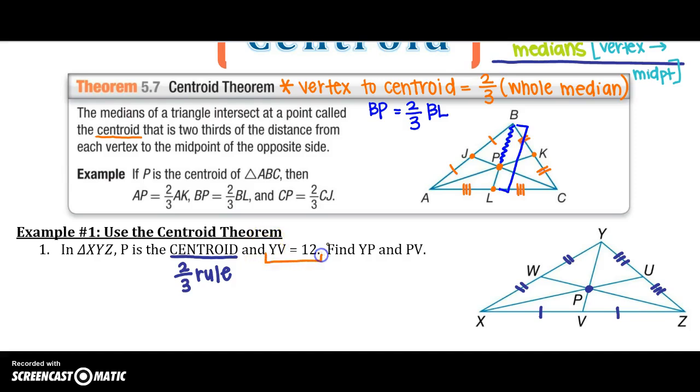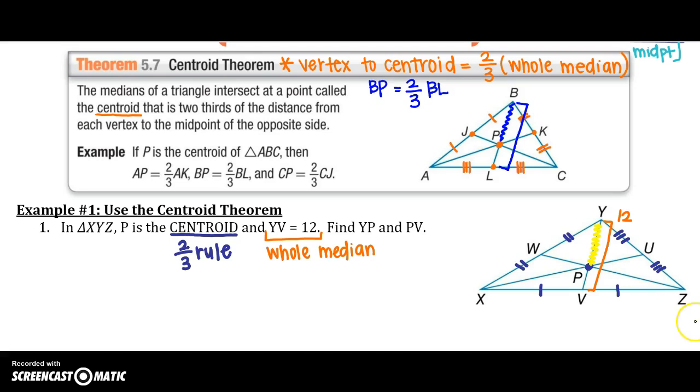They also give me that YV is 12, and notice that's the whole median right there. We are asked to find YP and PV.